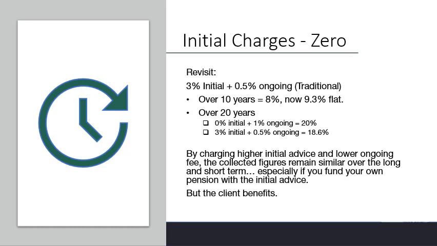So by charging a higher initial advice and lower ongoing fee, the collected figures remain very similar over the long term for the benefit of the advisor, especially if you fund your own pension with the initial advice fee that you charge your clients. But it's the clients who benefit more.